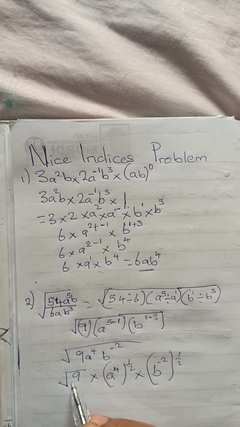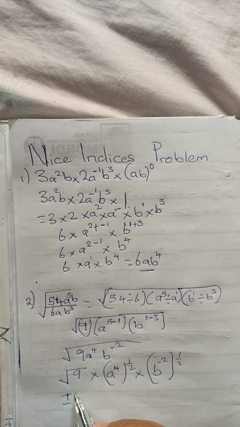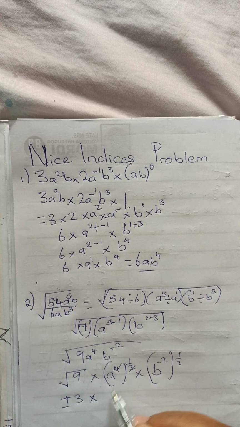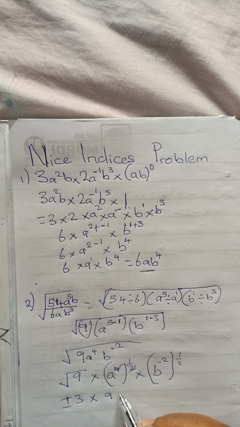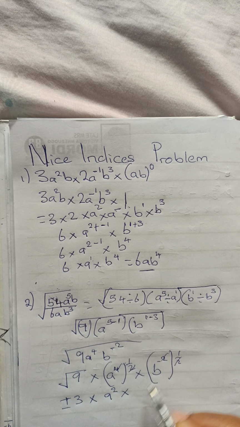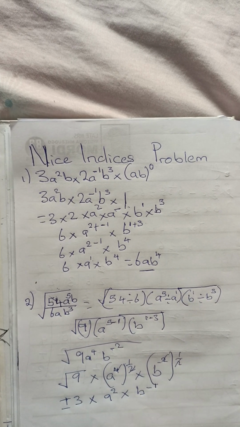Now what do we have next? So the square root of this is plus or minus 3 times this, cancel this, becomes a raised to the power of 2 times this, cancel this, becomes b raised to the power of minus 1.